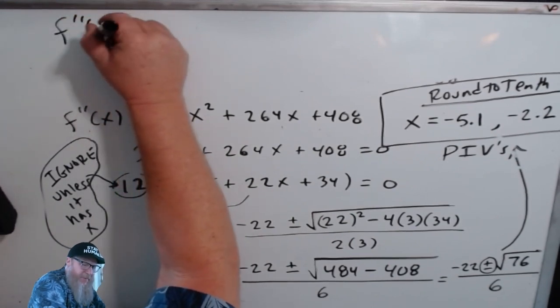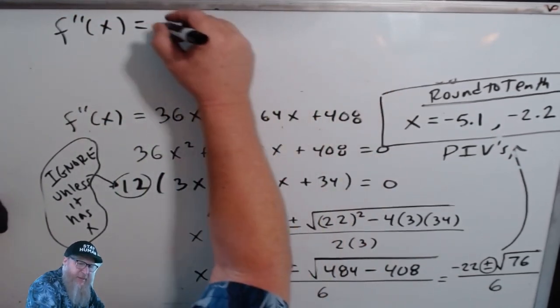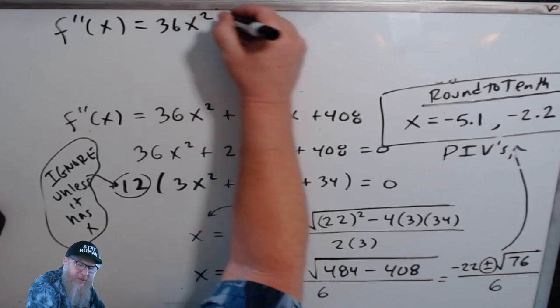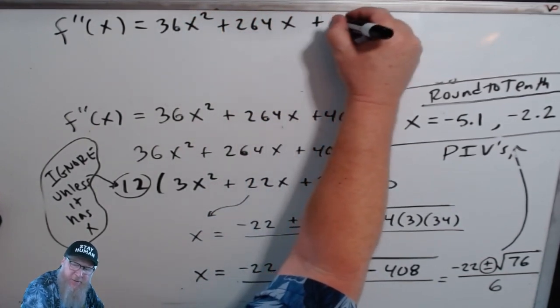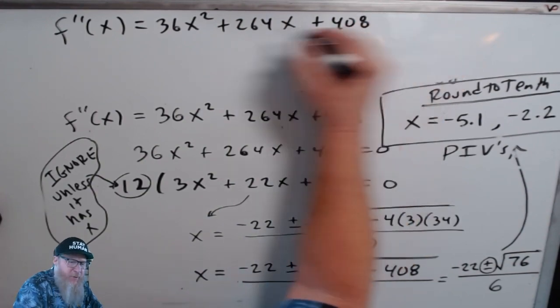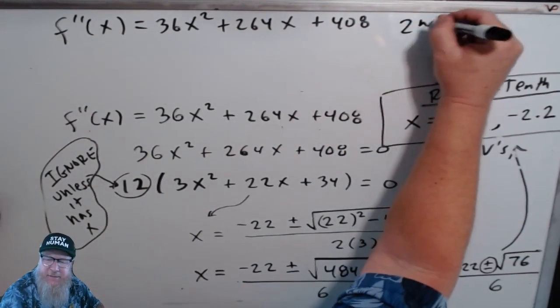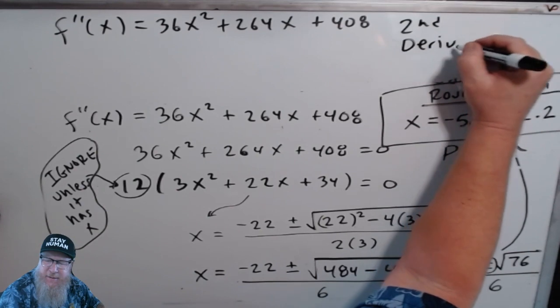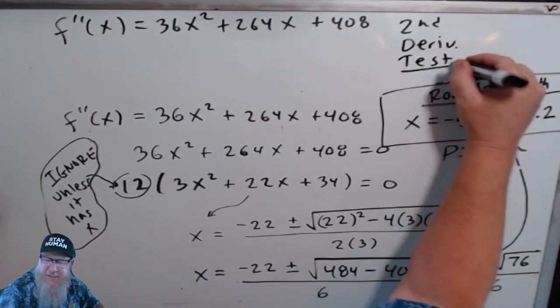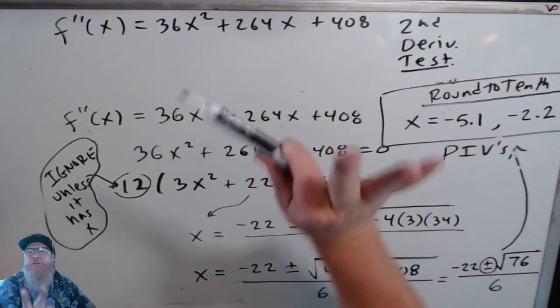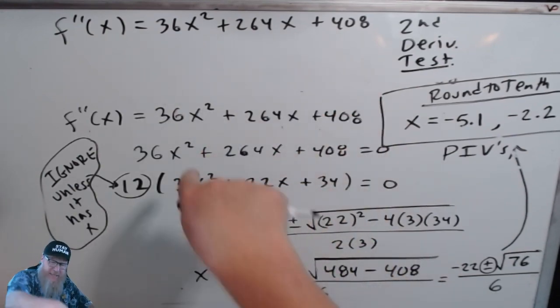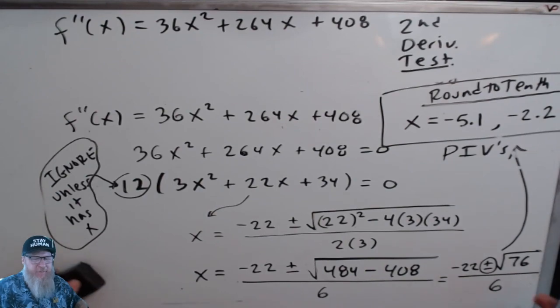F double prime of x is 36x squared plus 264x plus 408. Now remember, when I do the test, it's just like the first derivative test. I can use the original second derivative. Don't use the original function. Or I can use any of the later versions of it.